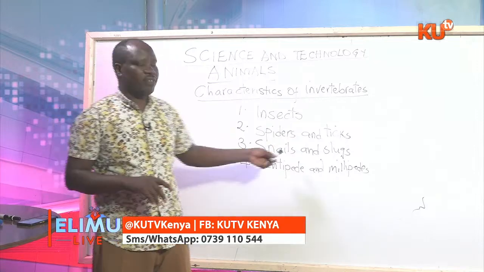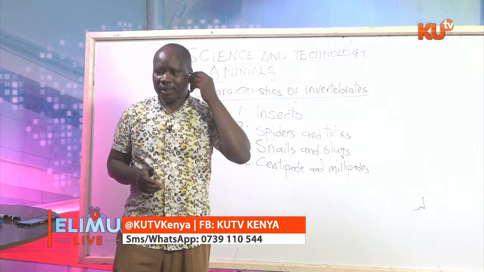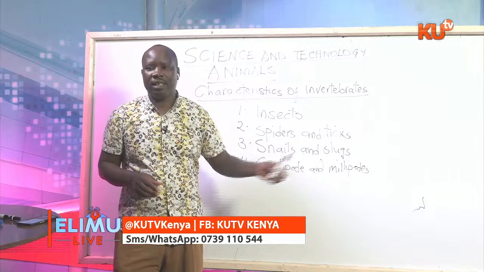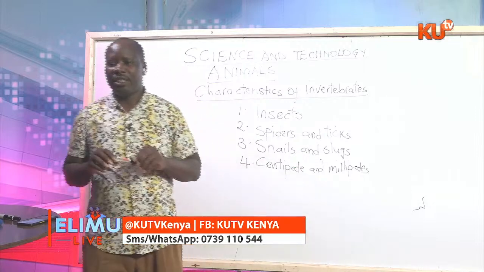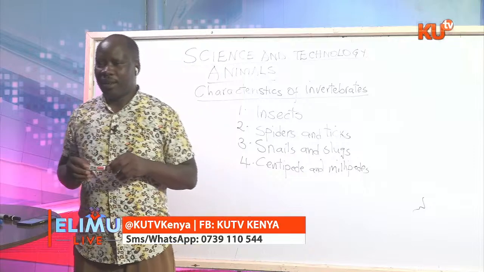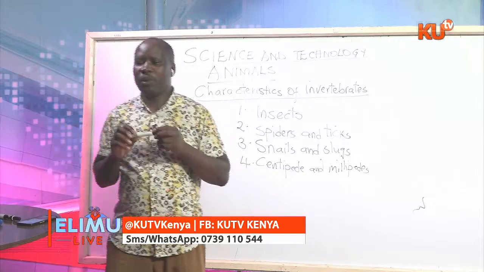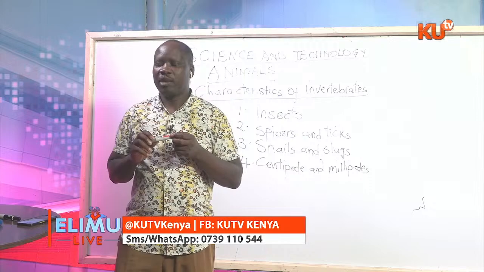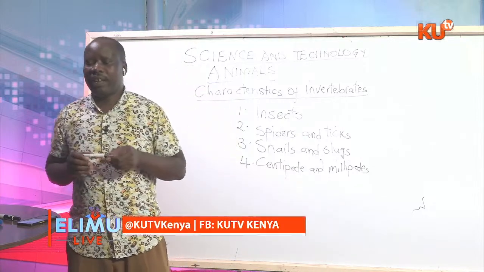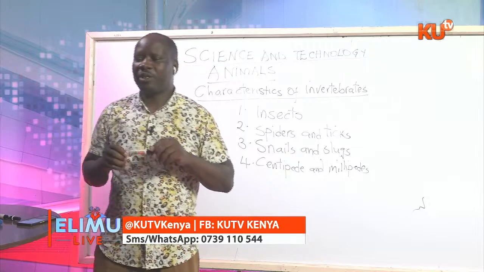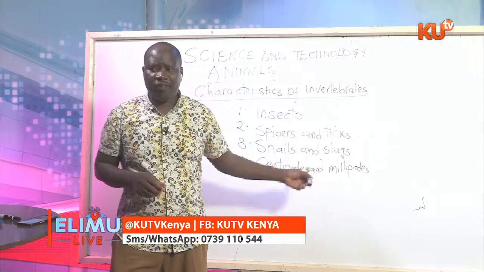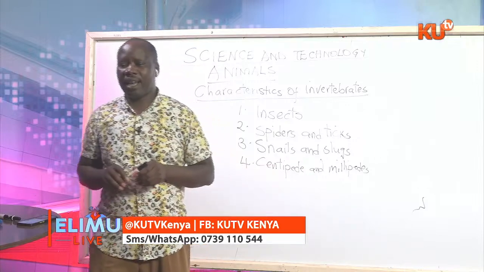Number 3, we have snails and slugs. Also, they are commonly found, especially in our rural areas. You can come across a snail and a slug. Once you kill them, you will not find any bone. And if they do not have any bone, then definitely it means they do not have a backbone. And somebody may ask, what's the difference between a snail and a slug?